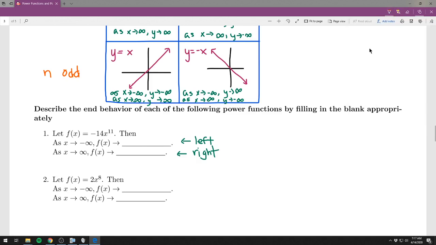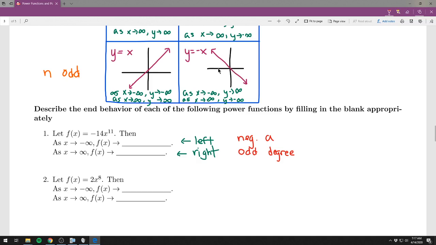But the two things we want to look for here, we have a negative coefficient, a -a, and an odd power 11, or odd degree, whichever one you like to write. It's probably better to use degree just to practice the word. But if it's negative and it's odd, it looks like y equals -x.